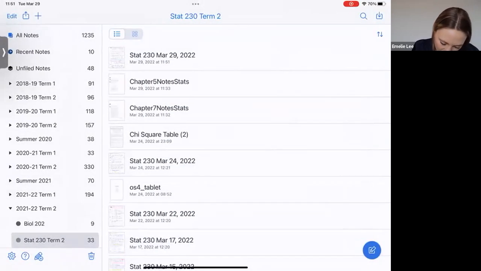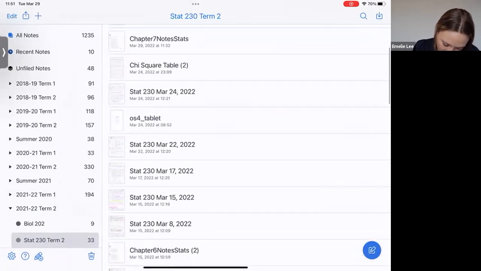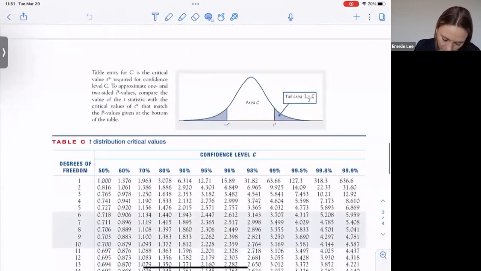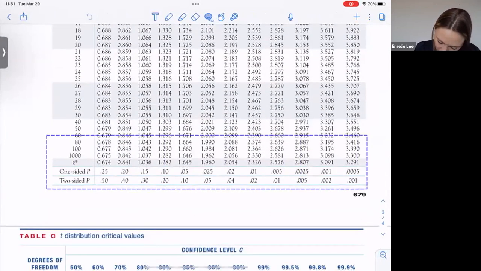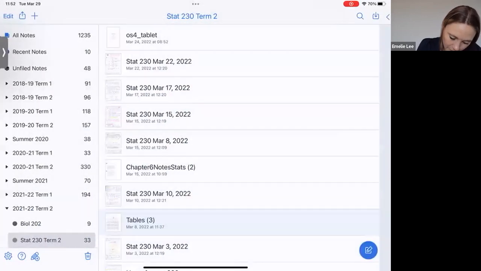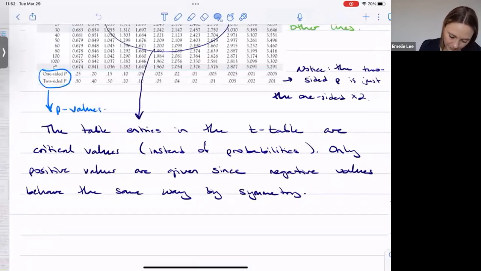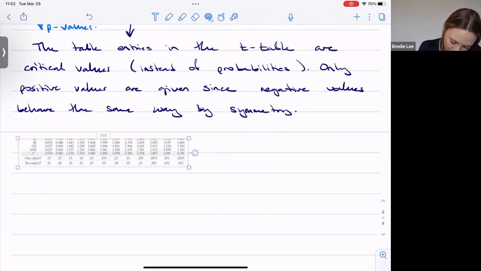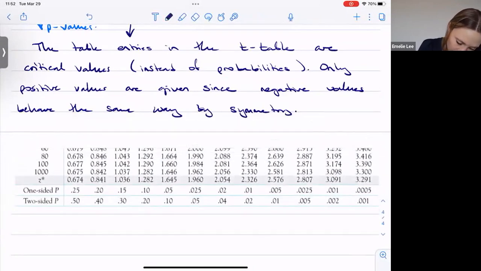I'm going to grab this here. Copy. Okay, if we focus on the Z star line, then what this table is telling me is that when Z is 0.674, the area in one of the tails is 0.25.